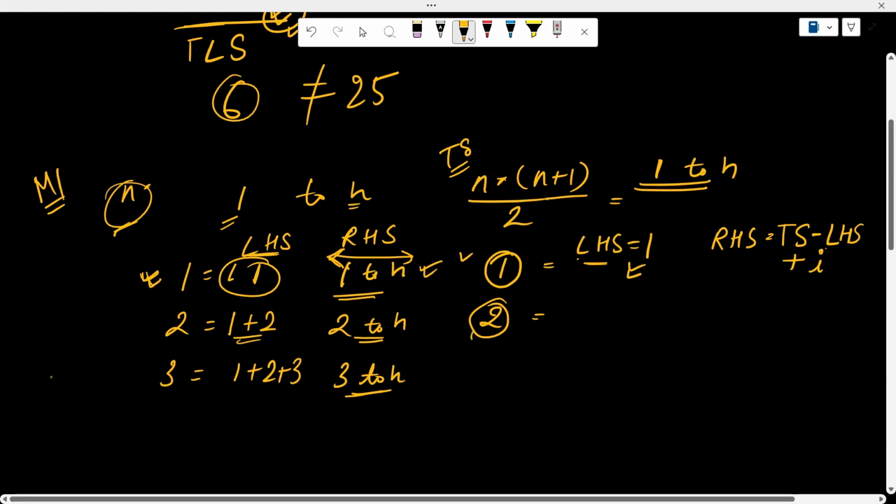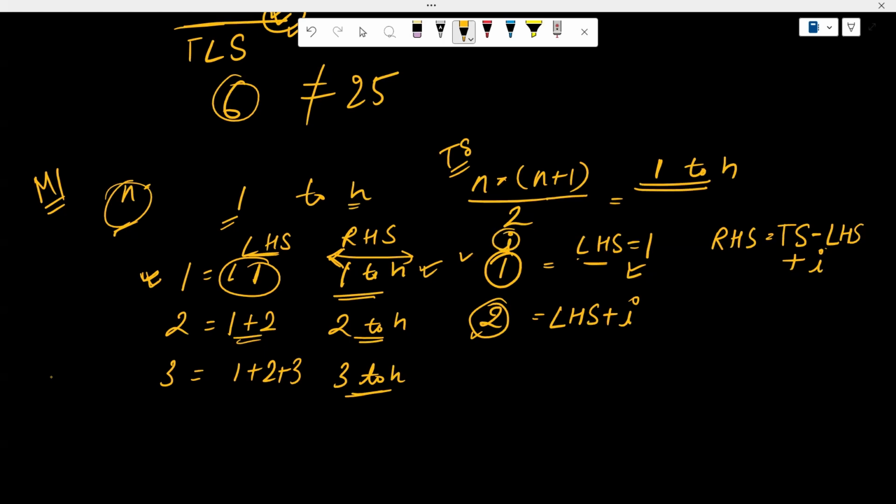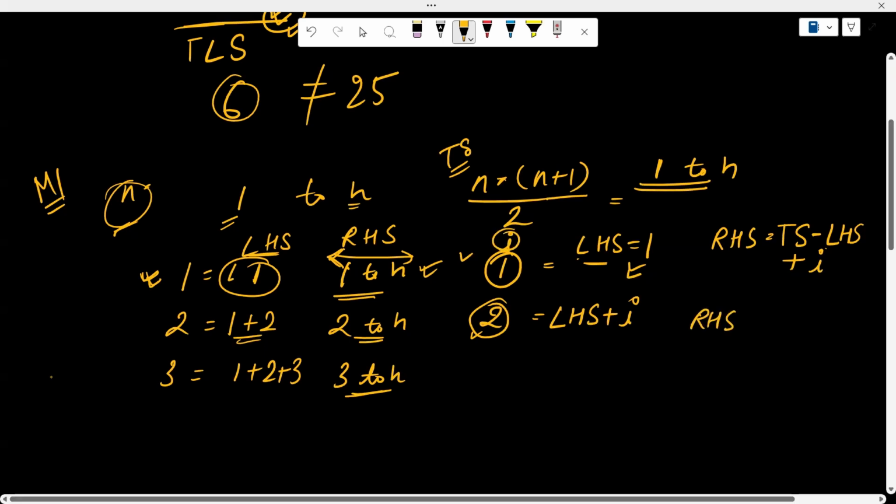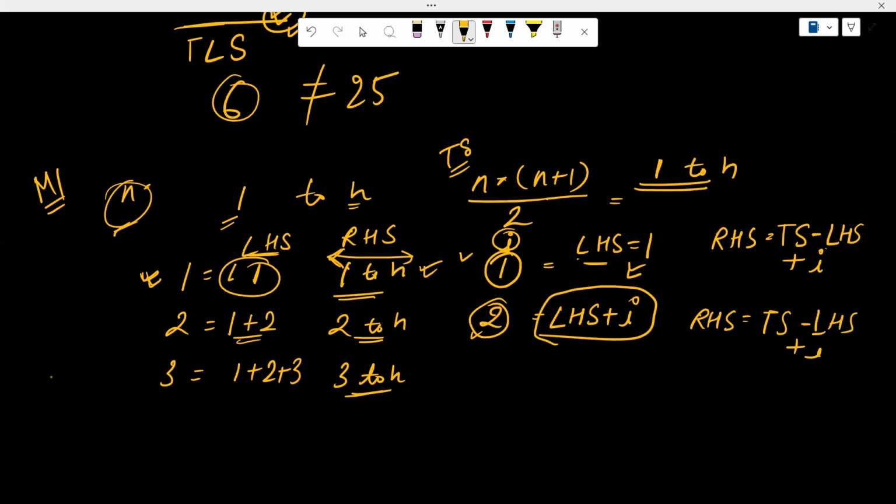Now we just need to add this 2. So we can make it left half sum plus I. And in the right half sum, again, it will be total sum minus our new left half sum, where again left half sum is left half sum plus I.